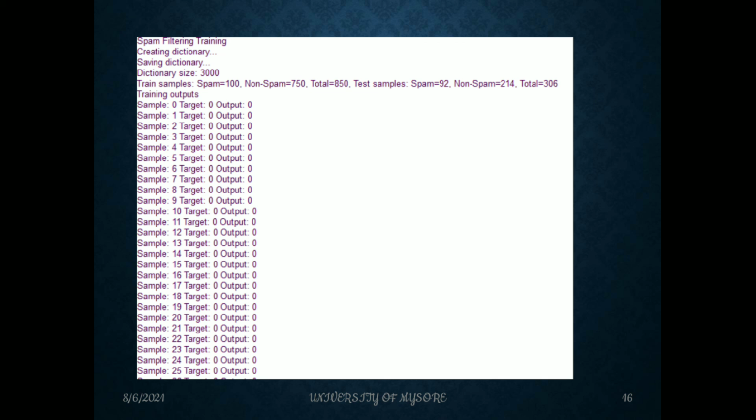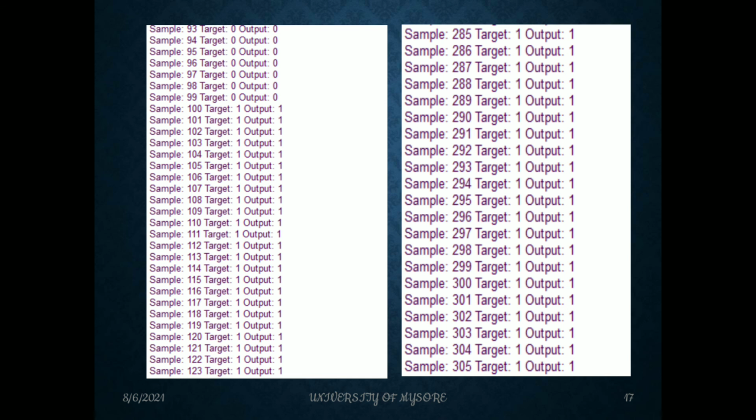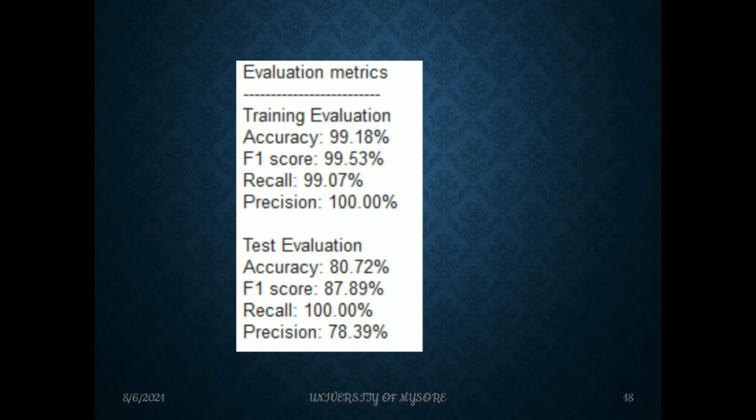Now observe the second scenario. We have 306 total messages. It gives 92 spam messages and 214 non-spam messages. We will get the output like this. 0 refers to the spam messages, 1 refers to the non-spam messages. It gives the output like this also.